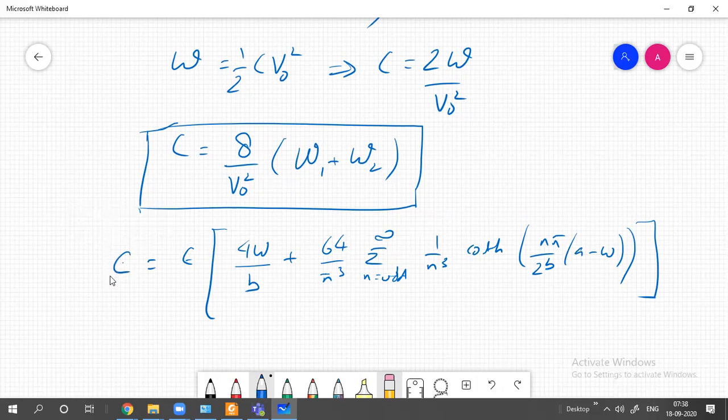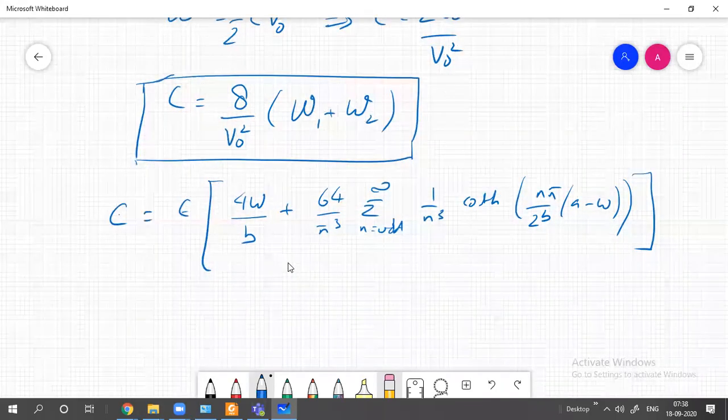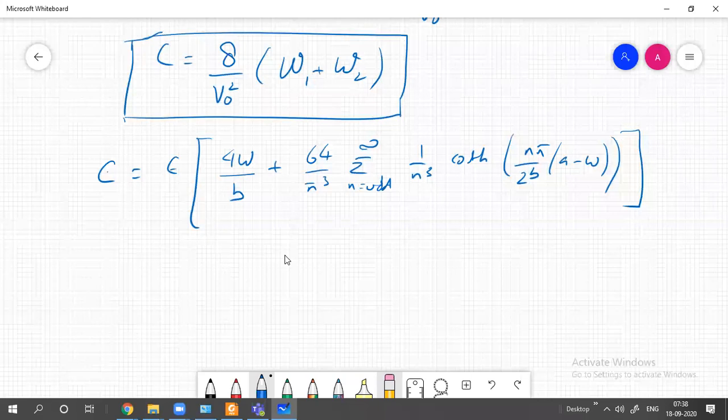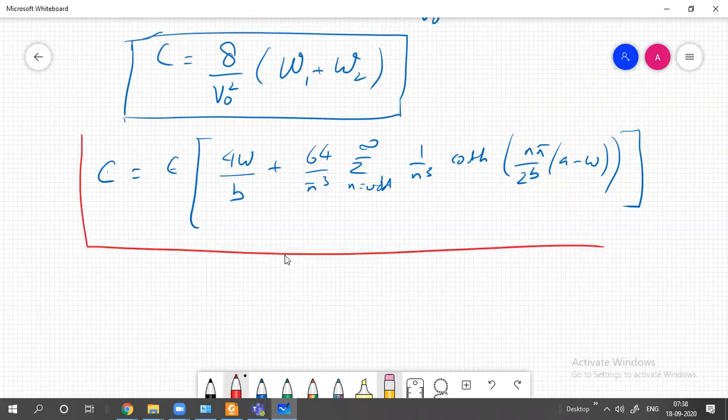And as it was asked, we found the capacitance. By using the capacitance, we can find the characteristic impedance.